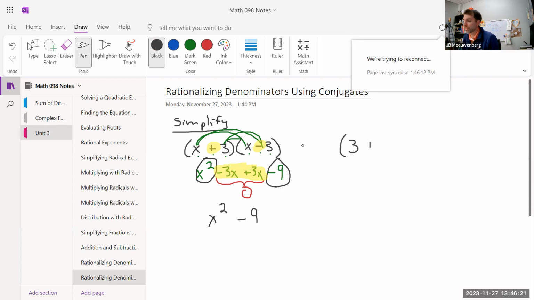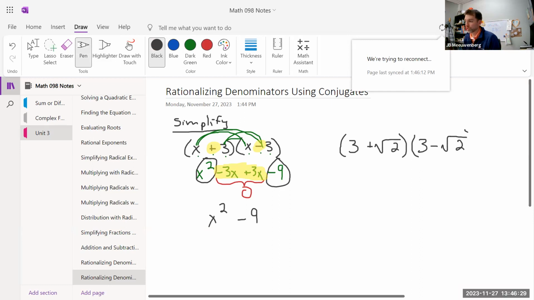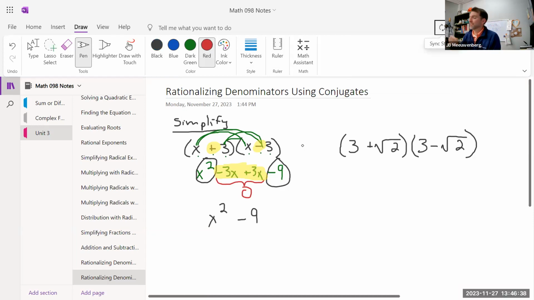So let's do 3 plus the square root of 2 as a binomial with no variables, just that, times 3 minus the square root of 2. Now, I think you've seen this before in one of my previous videos, but see if you can distribute this and see what happens. I'll keep going.